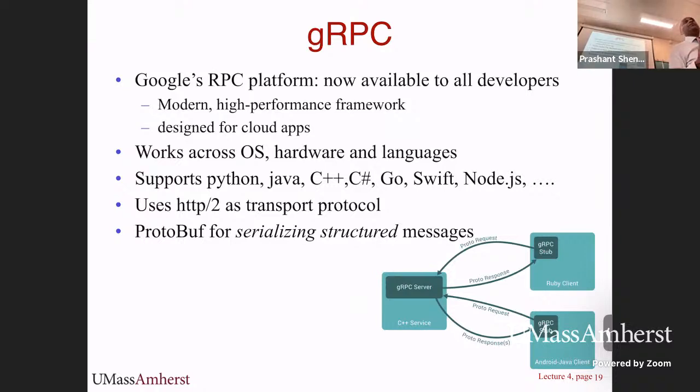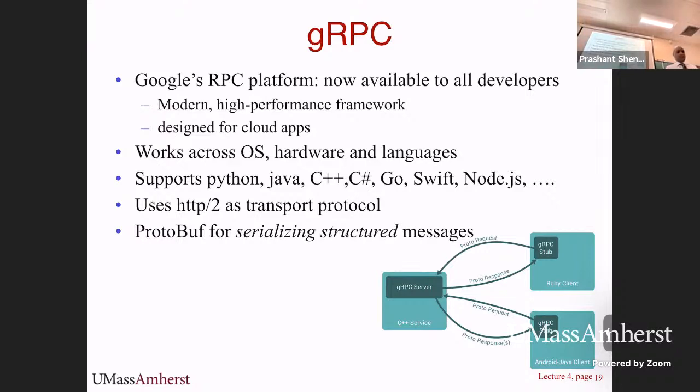In all previous systems, the client and the server had to be written in one language. The platform could be different, your OS could be different. In this case, even the language can be different. Languages that are supported are Python, Java, C++, C#, Go. I think there's Rust, Swift, Node.js. There's a whole variety of languages and systems supported for gRPC.